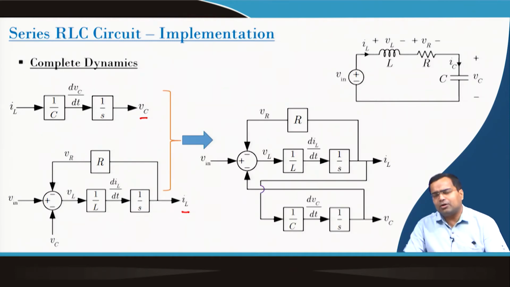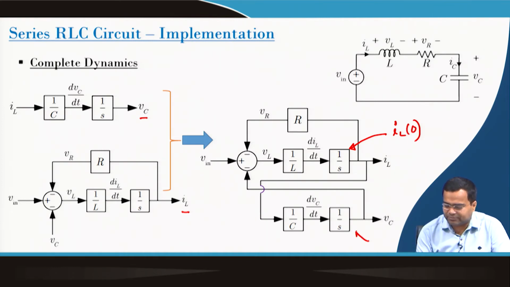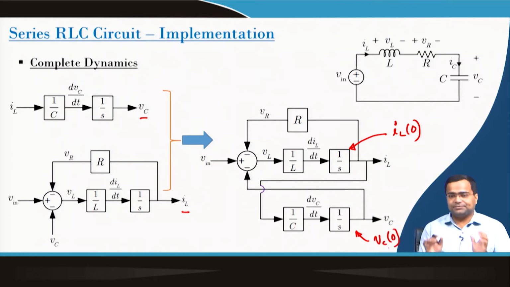Since this complete circuit is linked with the inductor current, we can set the inductor current initial value here, and it is linked with the capacitor voltage, so we can set the capacitor voltage initial condition here. This shows the complete circuit where you can get the inductor current and capacitor voltage as outputs.